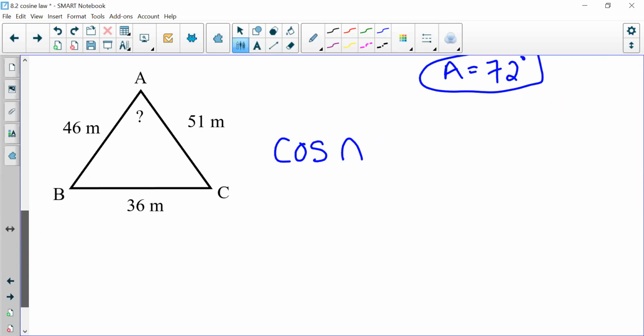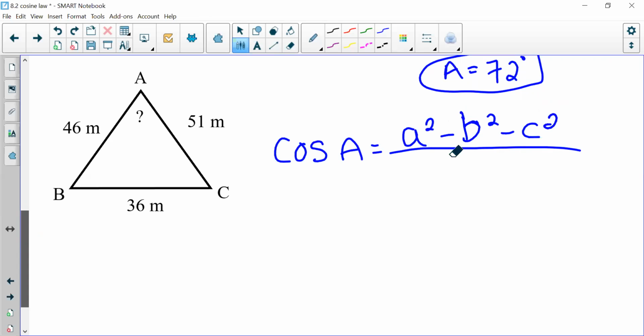Okay, cosine A, I'm just writing your formula here. I am again solving for angle A, so I'm using my angle formula. If I'm solving for angle A, what's the side I'm starting with?